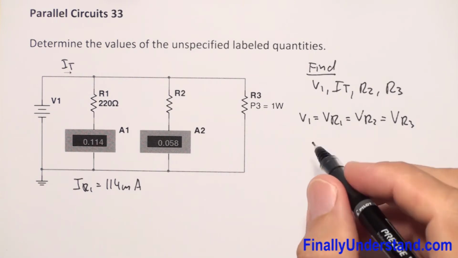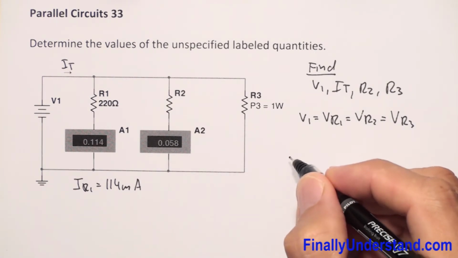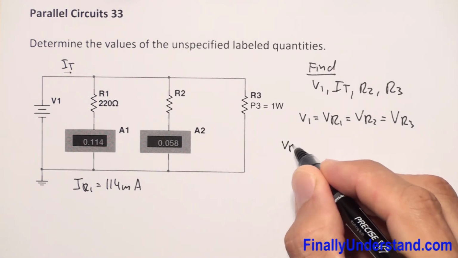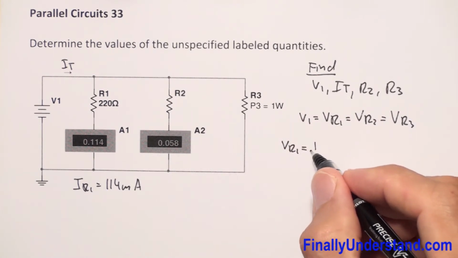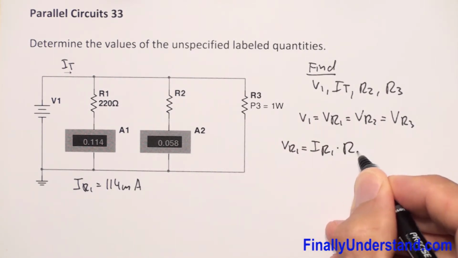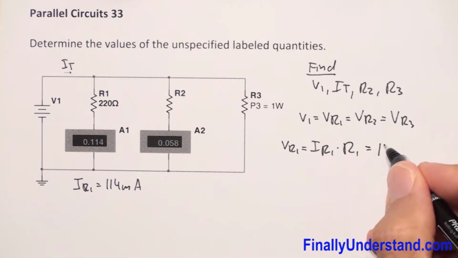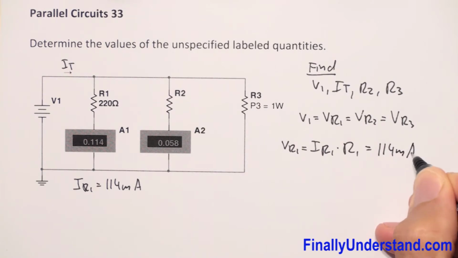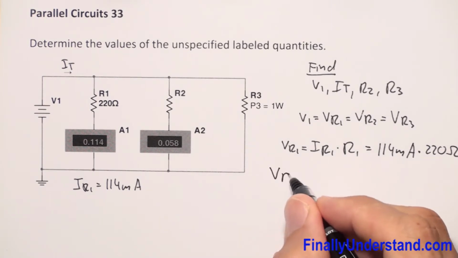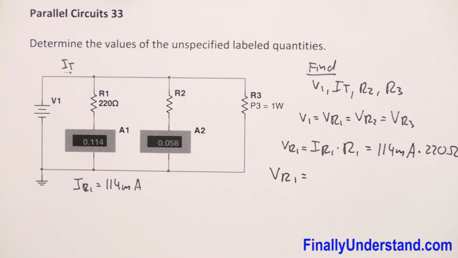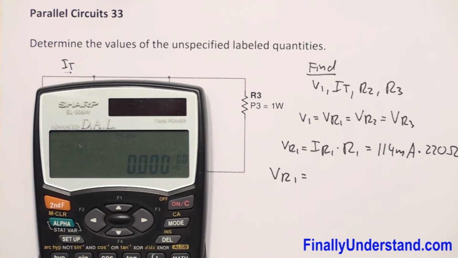So we have VR1. VR1 is equal to IR1 times R1. So IR1 is equal to 114 milliamps times R1, which is equal to 220 ohms. So VR1 is equal to 114 times 10 to the negative 3 times 220.